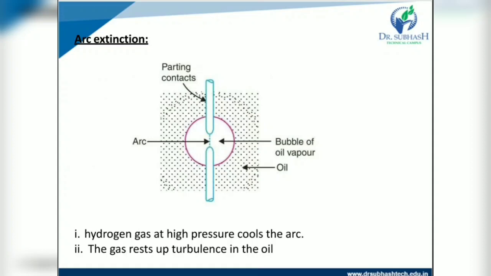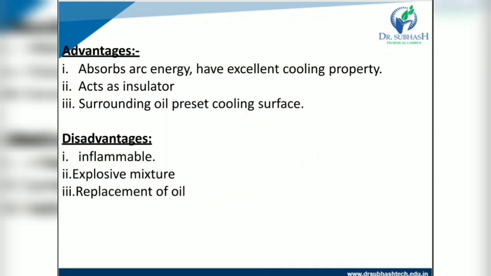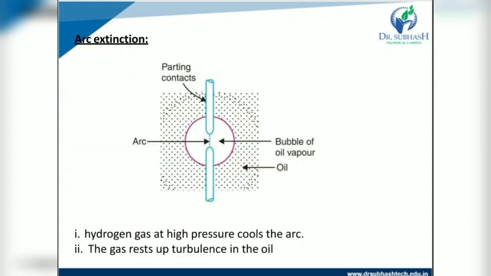Due to decomposition of oil in the arc, carbon particles are generated which pollute the oil, and hence the dielectric strength of the oil is decreased. For this reason, we have to carry out maintenance of the oil circuit breaker at certain intervals.